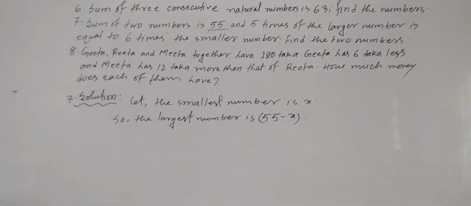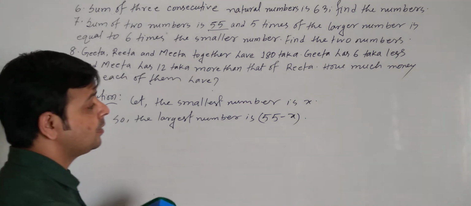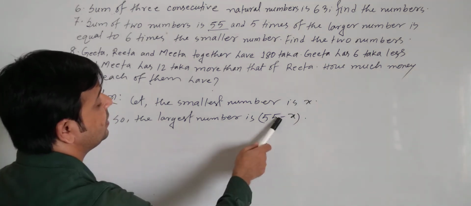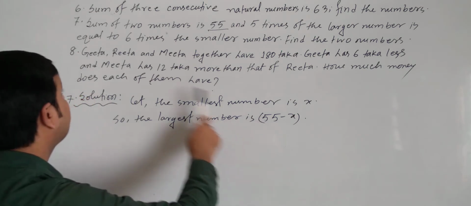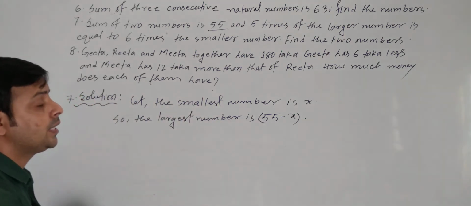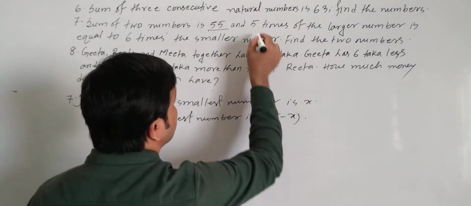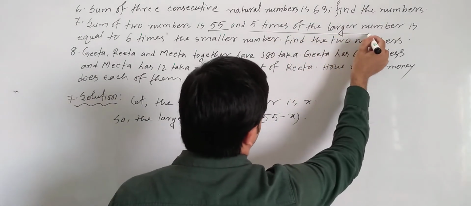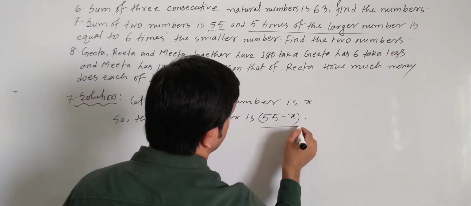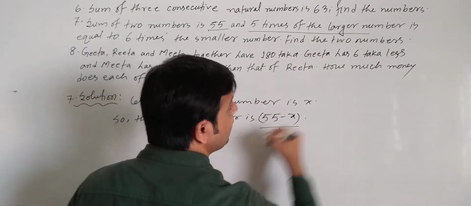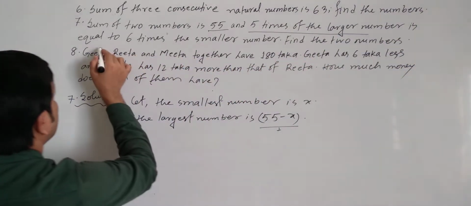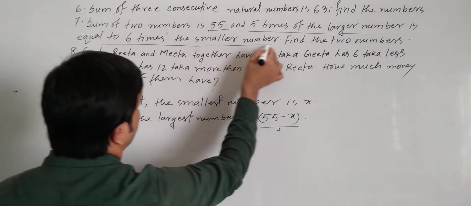Okay dear students, now see these two numbers and here is a condition given. What is the condition? Condition is 5 times of larger number. This is the larger number, so 5 times of this is equal to 6 times of smaller number.